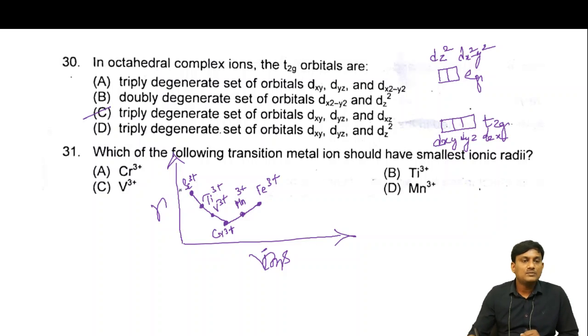If you take scandium 3+, it's a d0 electronic configuration, then d1, d2, d3, and after that d4, d5. Take the t2g and eg sets of orbitals. Up to d3, the electrons enter the t2g orbitals.